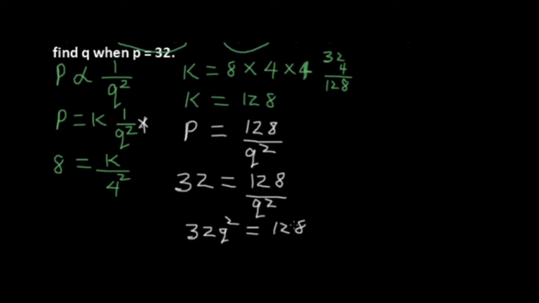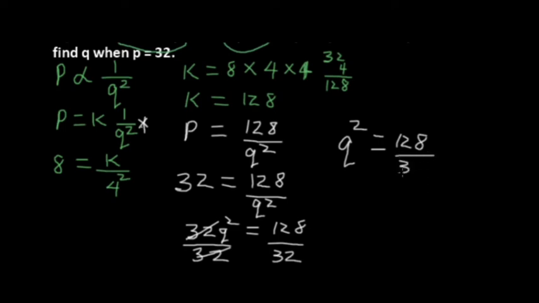And if you do that very well, what do you think we are going to get there? Divide both sides by 32. So we are going to be having Q squared will now be equal to 128 divided by 32.